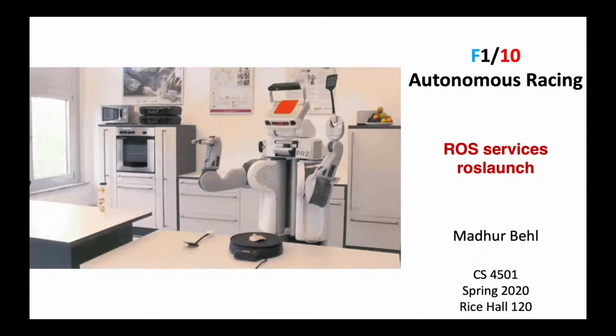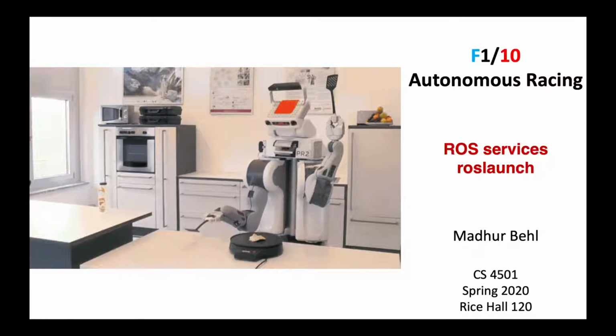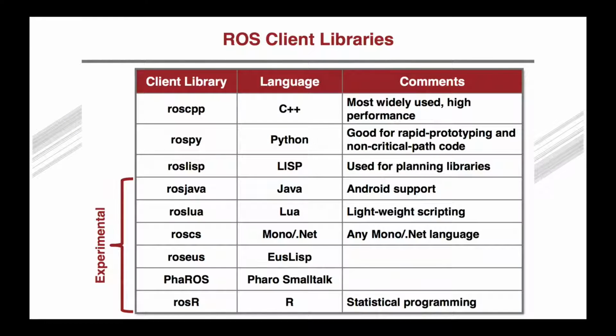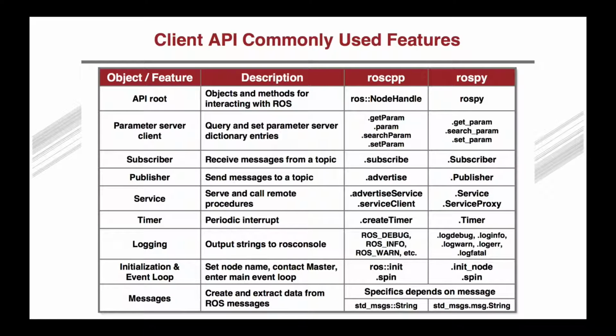But with that, let's jump to the focus of this lecture, which is on learning about ROS services and ROS launch. So far we were covering slowly these ROS Python client libraries. We've seen many instances of how to publish, how to subscribe, how to form some messages and publish and subscribe over that.